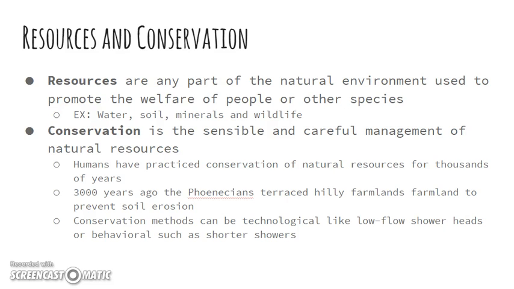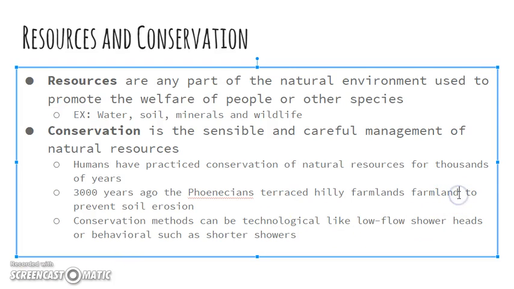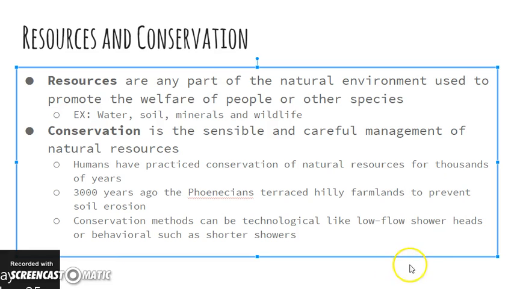So humans have practiced conservation of natural resources for thousands of years. As far back as 3,000 years ago, we know that the Phoenicians terraced hilly farmlands to prevent soil erosion. So we know that back that far, we were actually doing things to conserve what we already had.